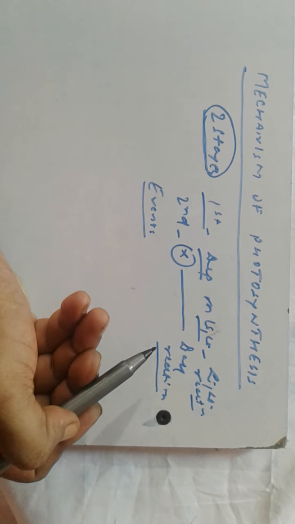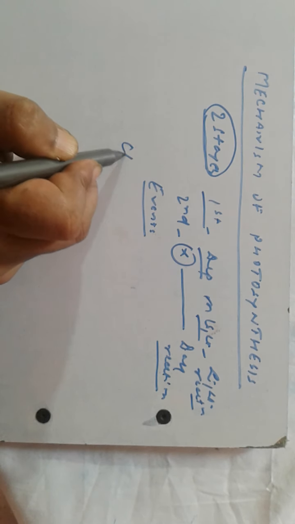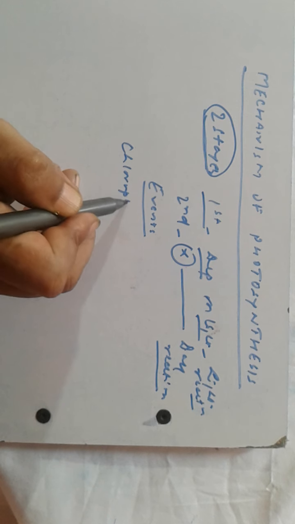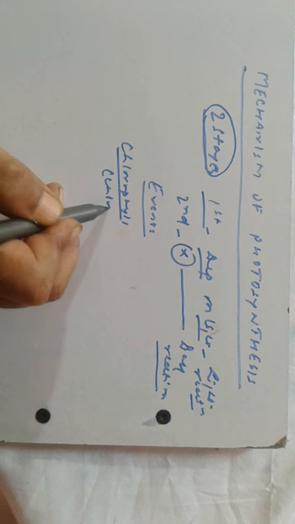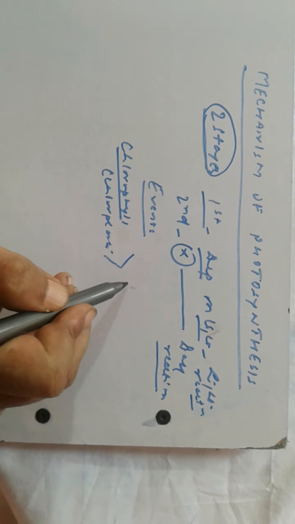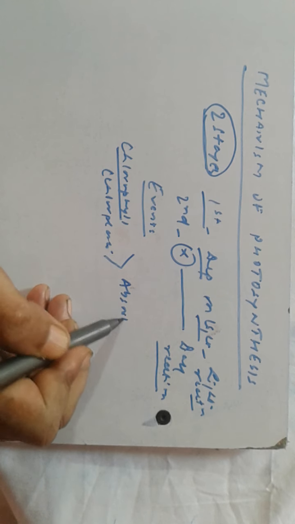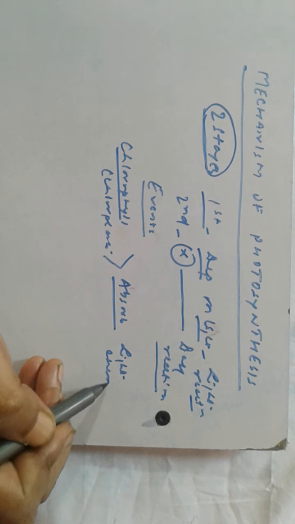Light energy is absorbed by chlorophyll molecules. And where is chlorophyll found? It is in the chloroplasts. So the chlorophyll found in the chloroplasts absorbs light energy of the sun.